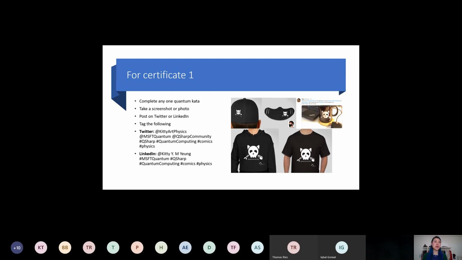We use the quantum katas, and I have a certificate that I give out to people. They can complete any quantum kata and take a screenshot showing they completed it. They can tweet it, post it on LinkedIn, and add these tags so that I can see that they have done the work.